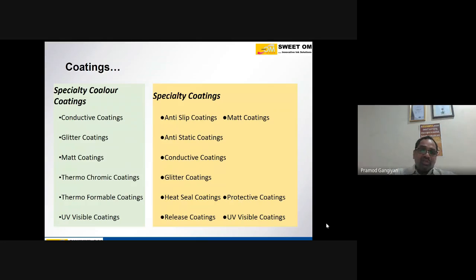And there is another segment, which we call irreversible. Irreversible means when you apply a temperature, it will change its color, but even after withdrawing the temperature, when it comes back to the normal or ambient temperature, its color will not revert. Whatever change happens, it stays. And this is the segment, thermochromic coatings.